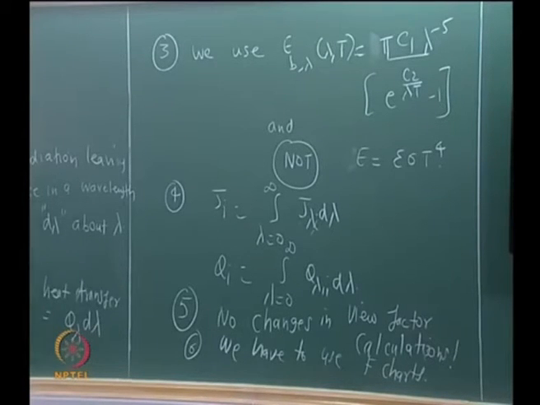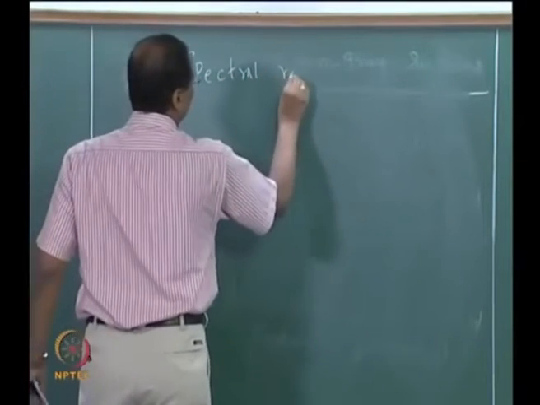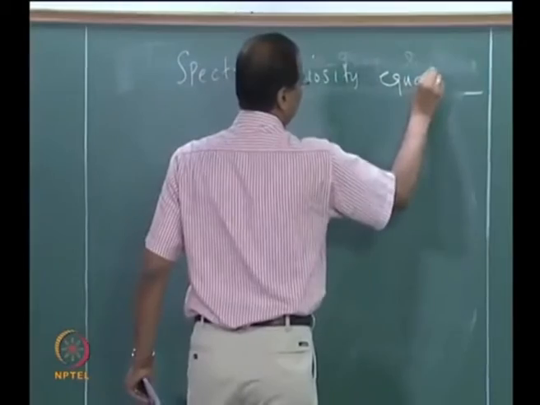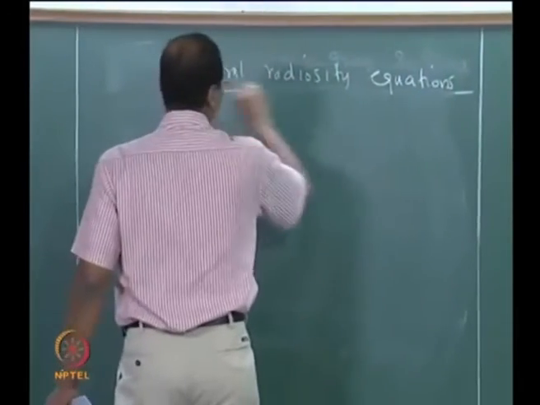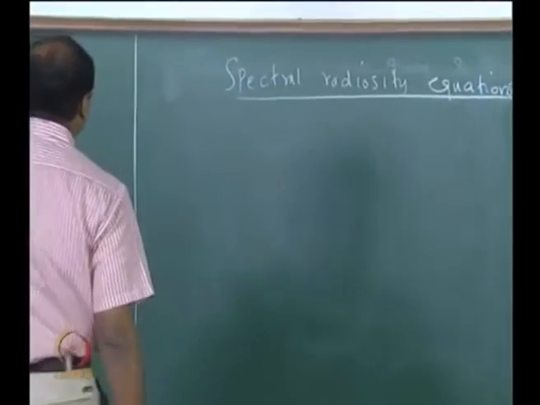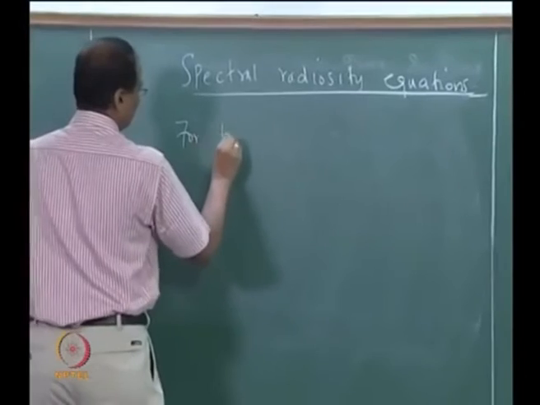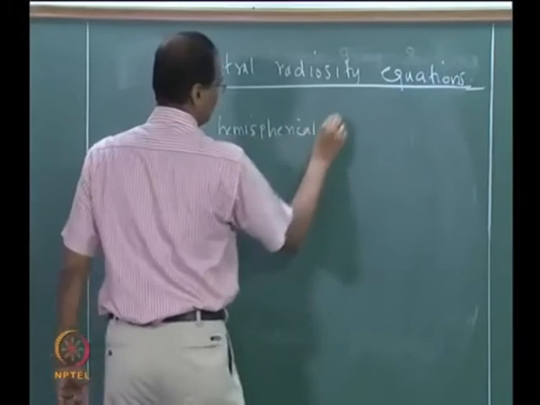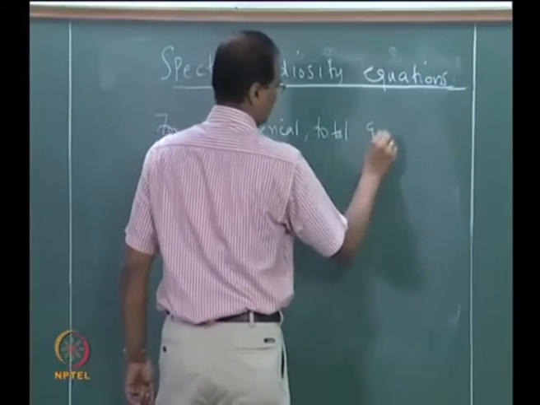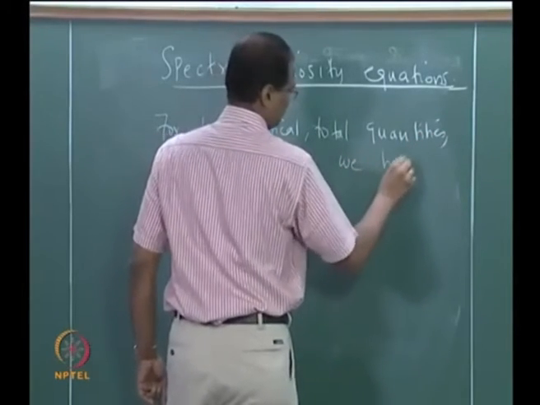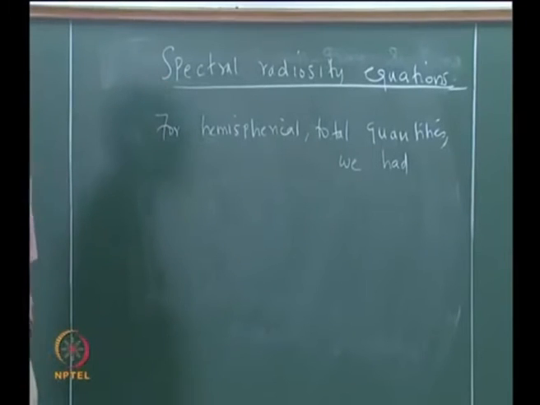Okay. So we will write the spectral radiosity equation. For hemispherical total quantities, what was the original radiosity?